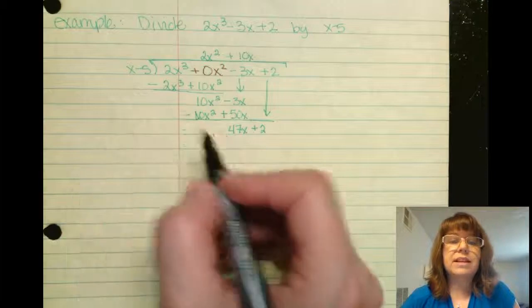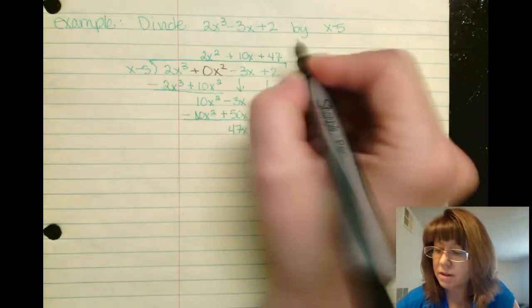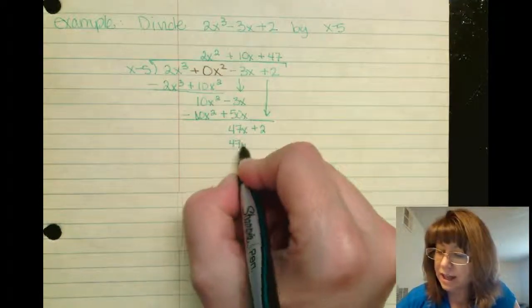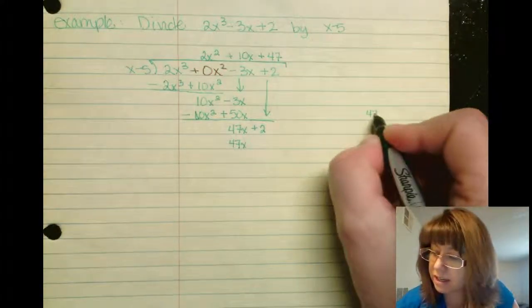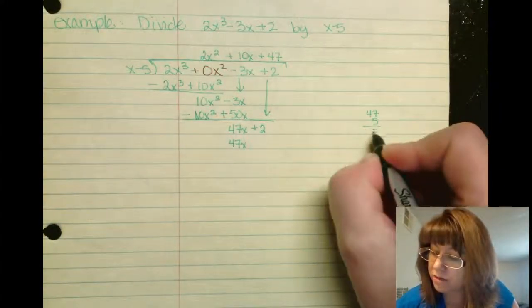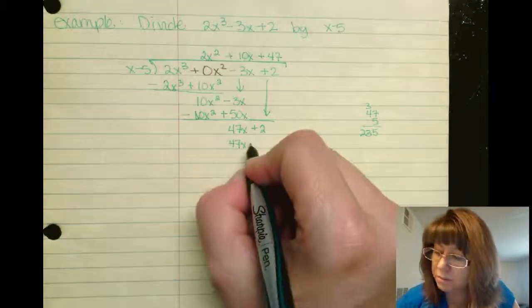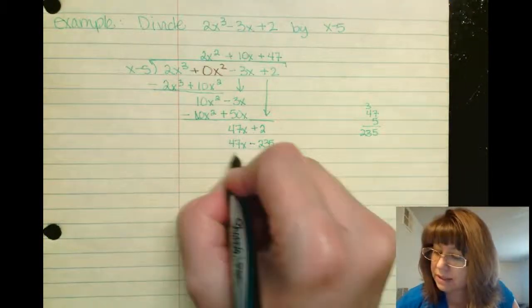X goes into 47x 47 times. 47 times x, 47x. 47 times 5, I'm just going to do that off to the side here. 35, carry the 3, 23. Negative 235.